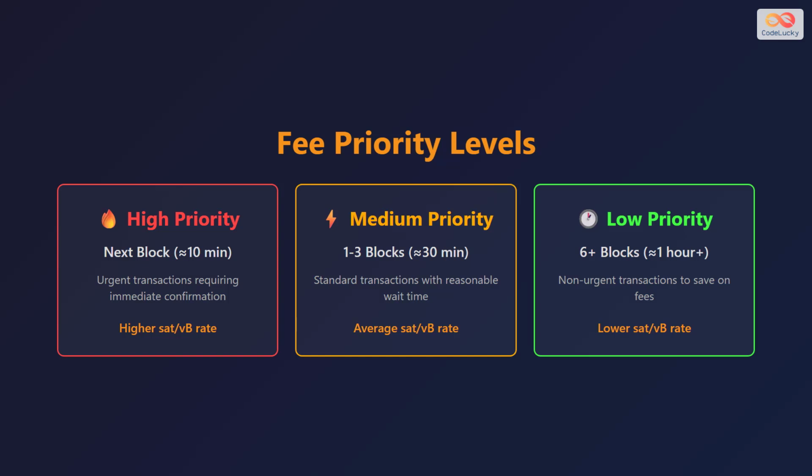These are standard transactions with reasonable wait times and pay an average fee rate. Low priority transactions accept confirmation in 6 or more blocks, which is 1 hour or longer. These are non-urgent transactions where users want to save on fees by paying a lower satoshi per virtual byte rate. Choose your priority level based on how quickly you need confirmation.